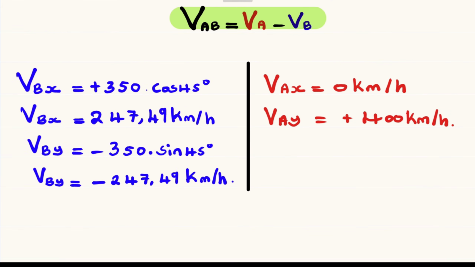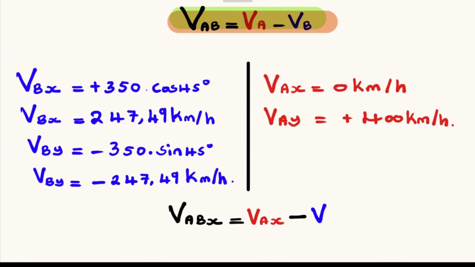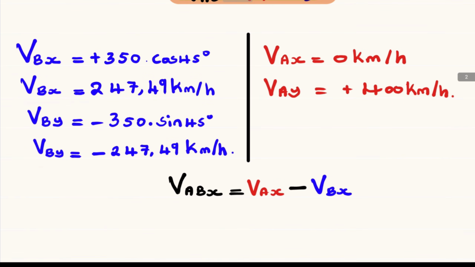Now we can use that formula, but for the horizontal and vertical component separately. So for the horizontal component, the velocity of A relative to B on the x-axis will be equal to the velocity of A, the x component, minus the velocity of B, the x component.